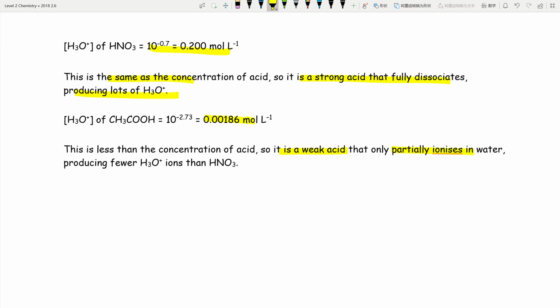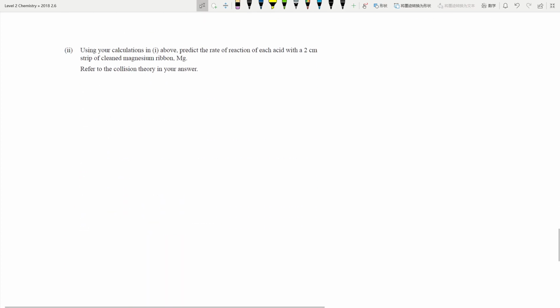That suggests it's about 1%, or even less than that. About 1%, 2% of the original CH3COOH has dissociated into a very small amount of H3O plus ions. Okay, so that's what we can do using a bit of calculation to confirm what we know.